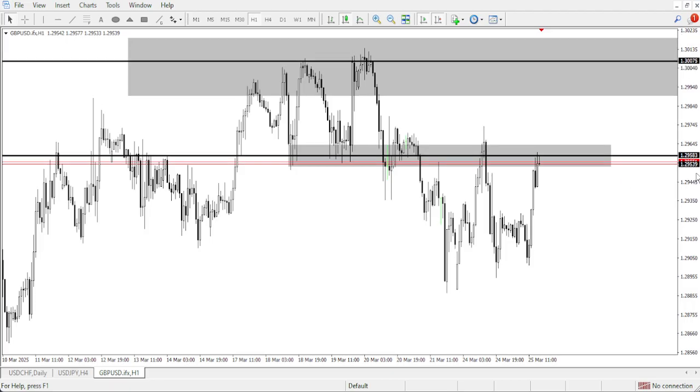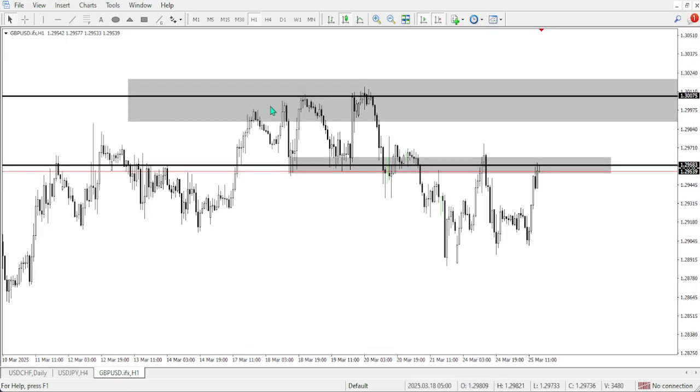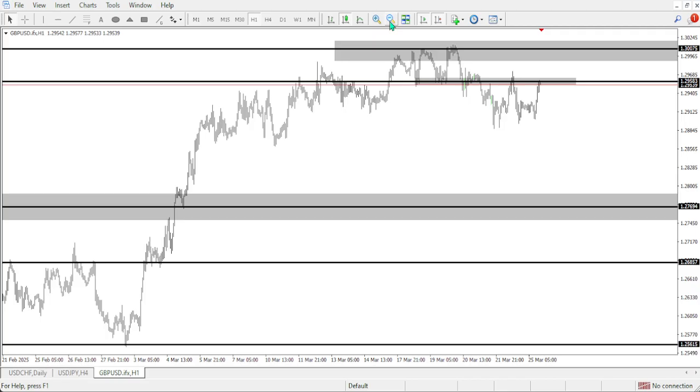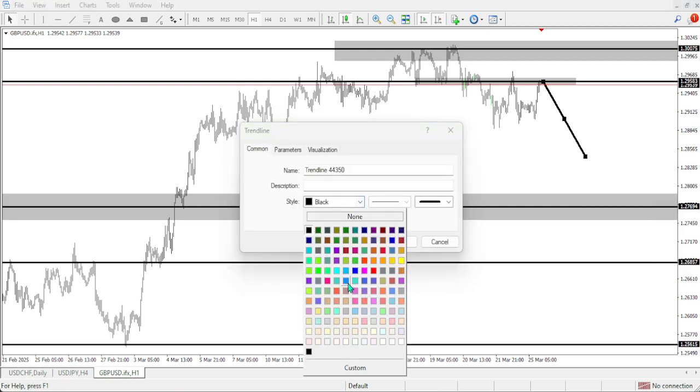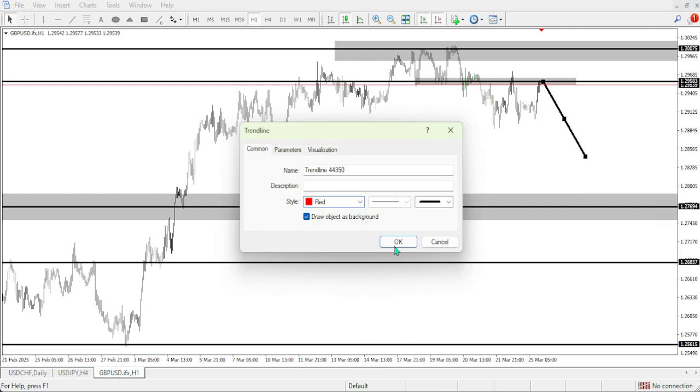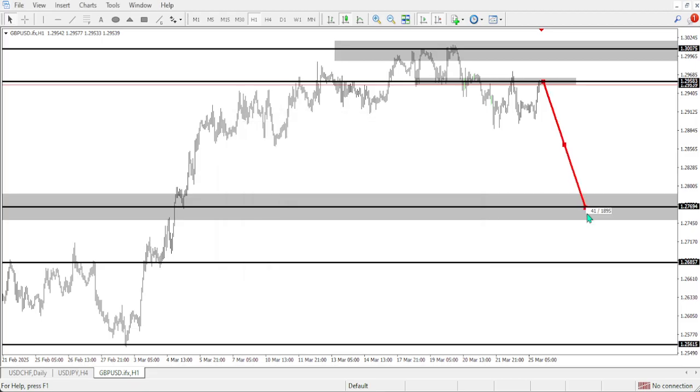So if you're going to be selling, wait for the market to first give you a bearish engulfing candle. If it closes below, take your sell and put your stop loss above. You expect the market to first move down and find a zone.